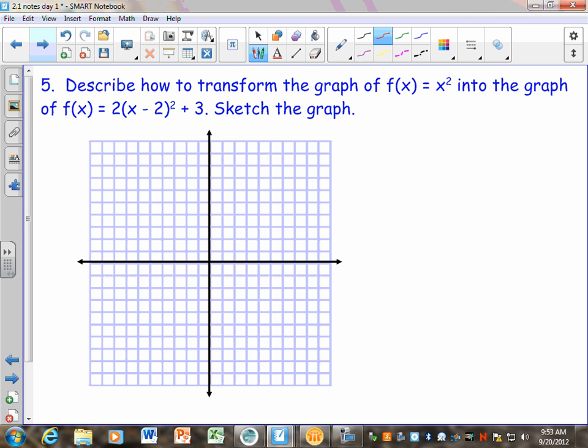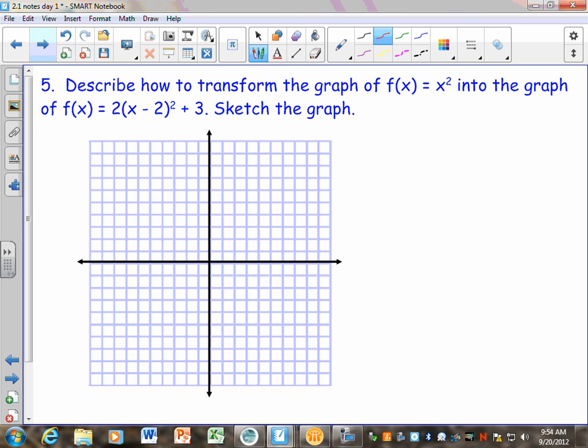What does a number outside of the function added to it mean it's going to do to the graph? What does plus 3 on the outside mean if we're thinking about transformations? It's going to mean a vertical shift up 3. And what does minus 2 on the inside mean that we're going to do? Go to the right 2.